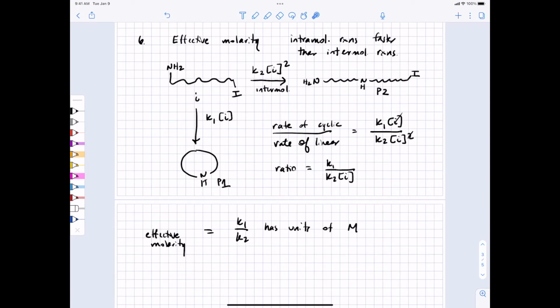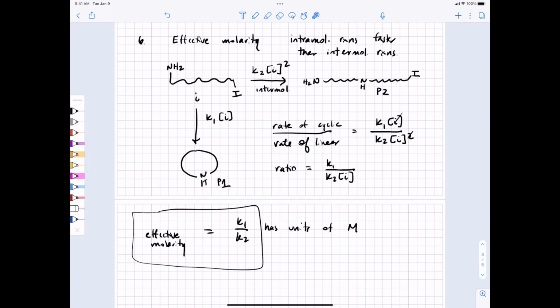Most of the time when they talk about effective molarity, they're just talking about the two groups being constrained to be in the same sort of space, so it's like they're really concentrated. But there is a more technical definition, and it's this one. But you'll hear the concept the most in explaining why intramolecular reactions are faster than intermolecular reactions.